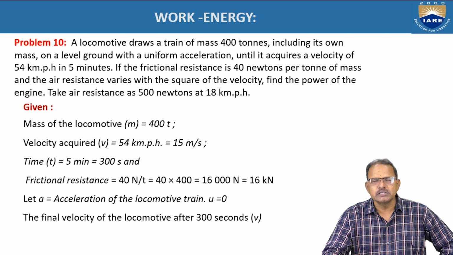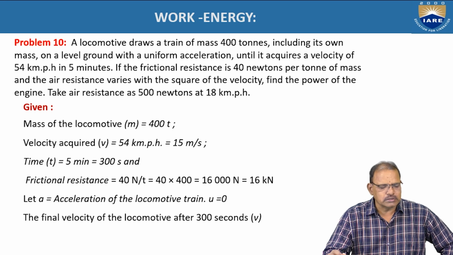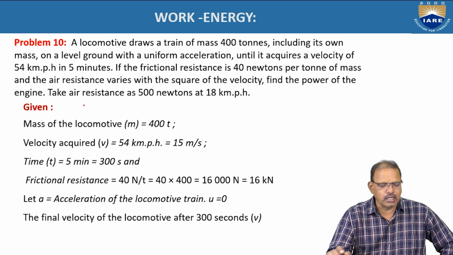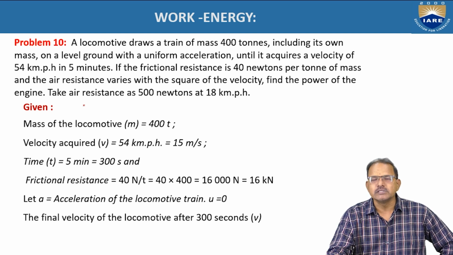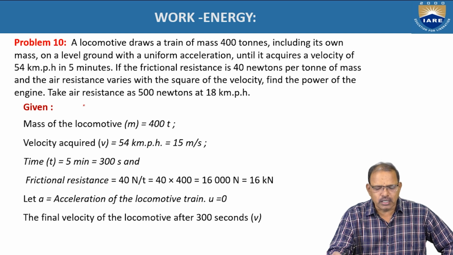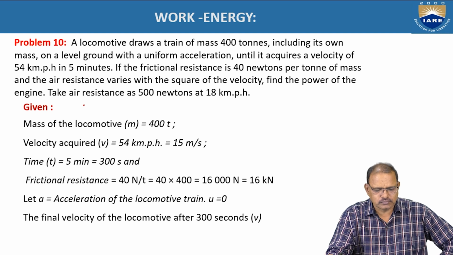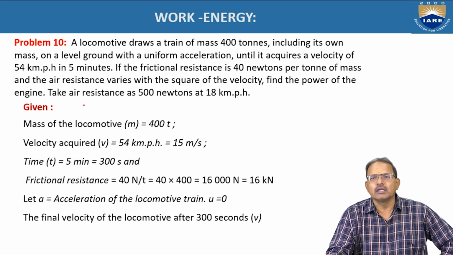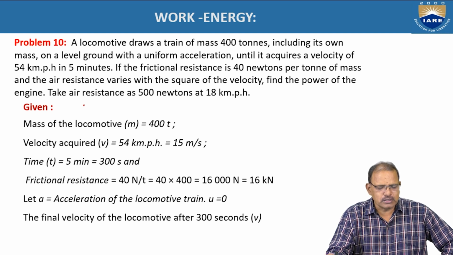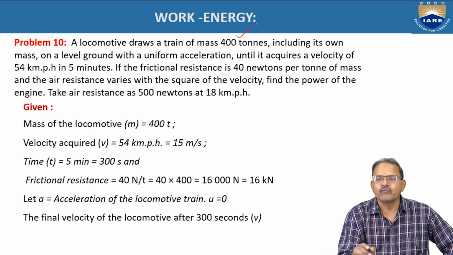If the frictional resistance is 40 newtons per ton of mass of the engine, and the air resistance varies with the square of the velocity, find the power of the engine. Take air resistance as 500 newtons at 18 km per hour. Okay, given in the problem, the mass of the locomotive is 400 tons.